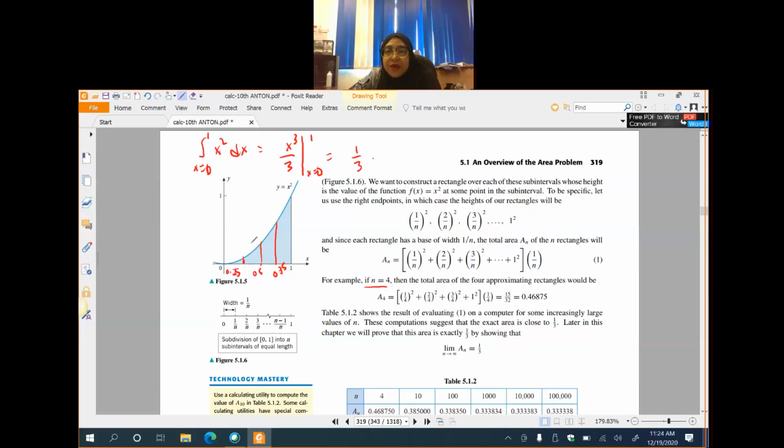One way is to take the right endpoint, left endpoint, or centered endpoint. If we count the nodes points here, it will be 5. You start from here, 1, 2, 3, 4, 5, isn't it?